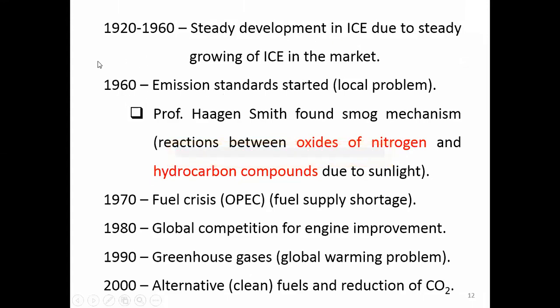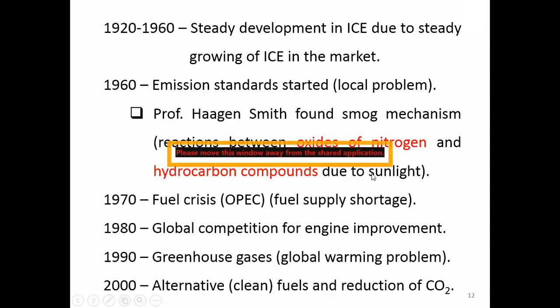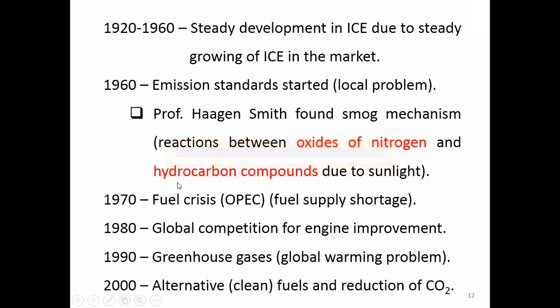After that, what happened is that people started to recognize the emissions that come out from the engine, right? The first person that recognized this is called Professor Haagen-Smit, because he found the smog mechanism. The smog mechanism is what? It is the reaction between the oxides of nitrogen and the hydrocarbon compounds.